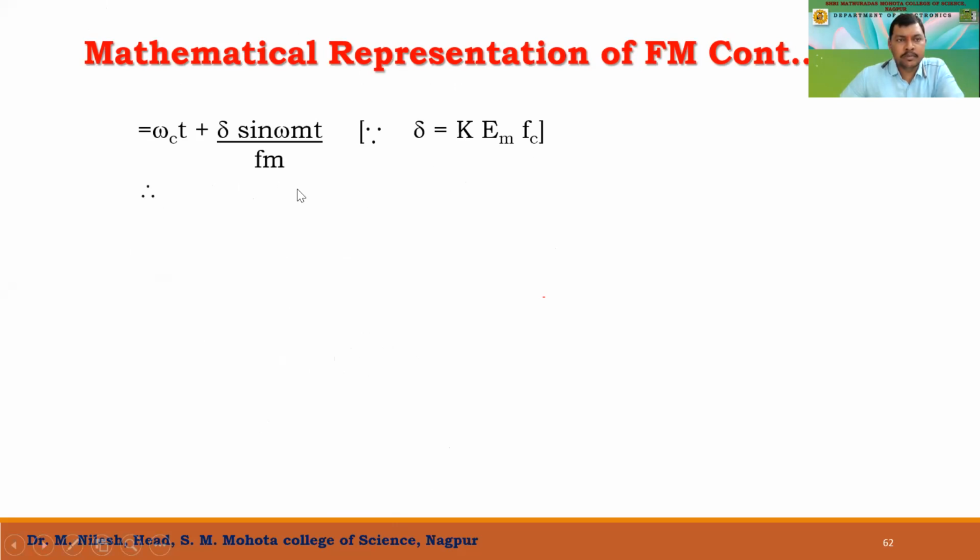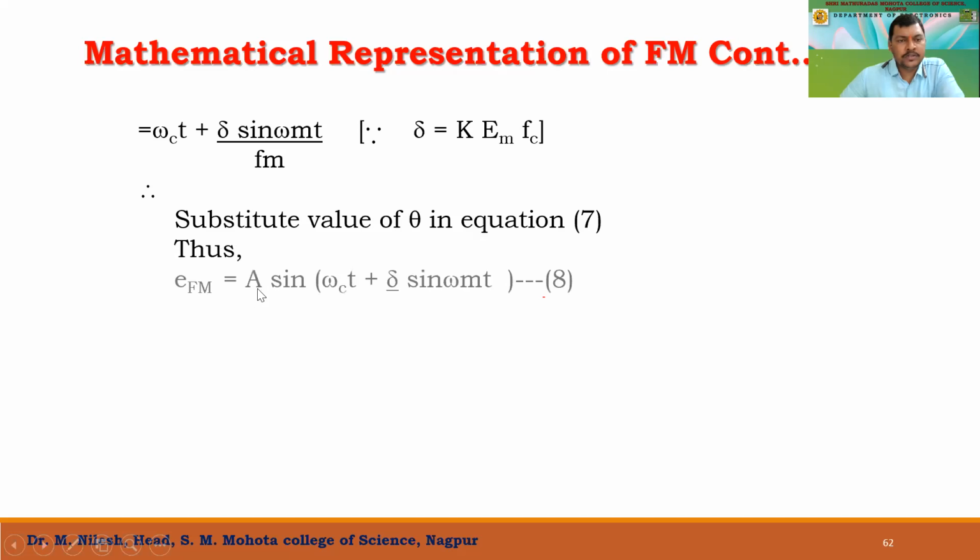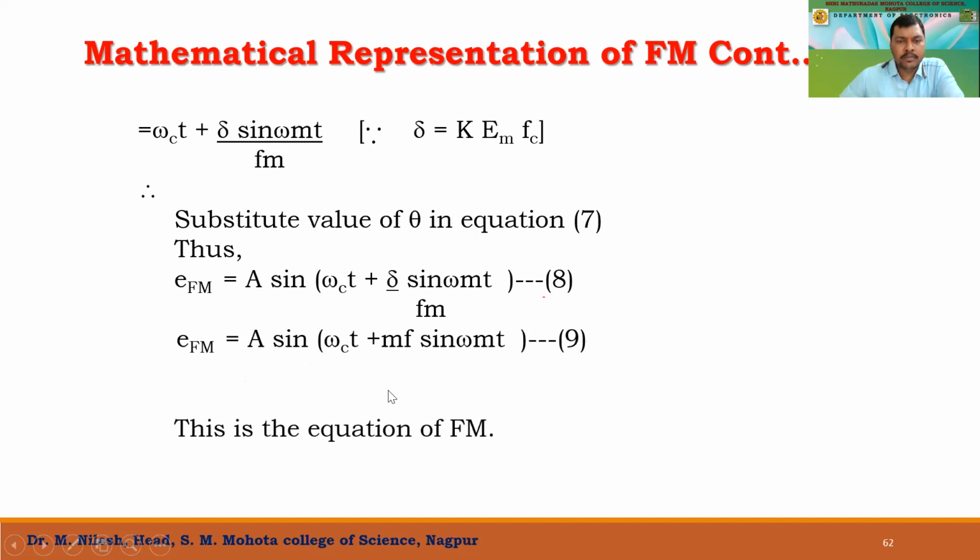So del is the maximum deviation that we have. Then substitute the value of theta in equation 7. Thus we get e FM equal to A sine of omega c t plus del sine omega mt divided by fm. Solving it again, we have A sine of omega c t plus mf sine omega mt. This equation number 9 is actually the equation of the frequency modulation.